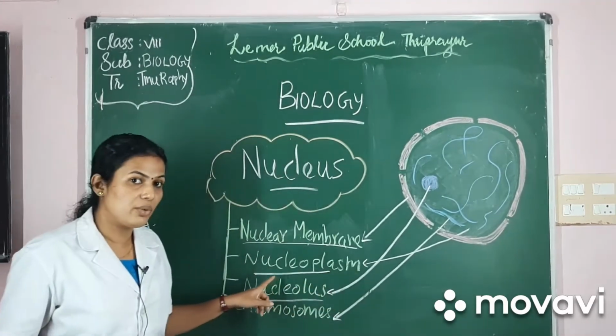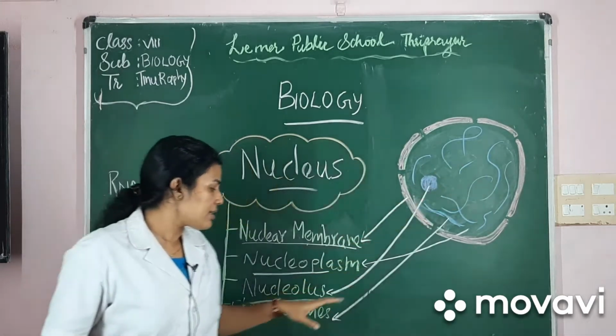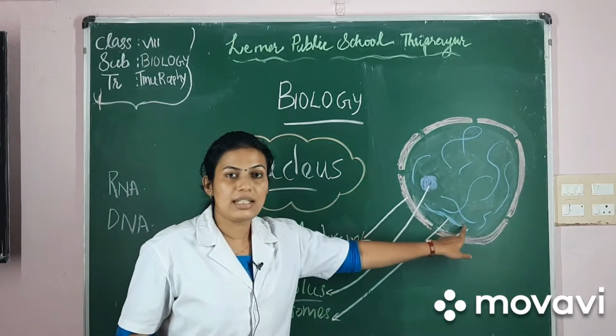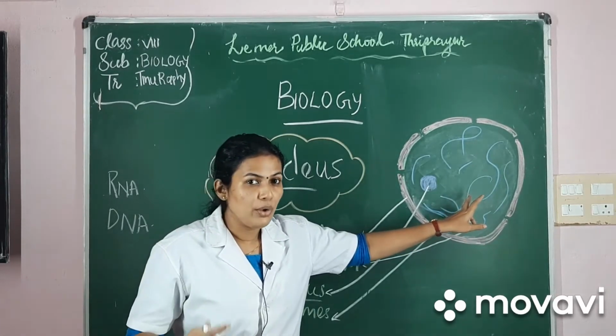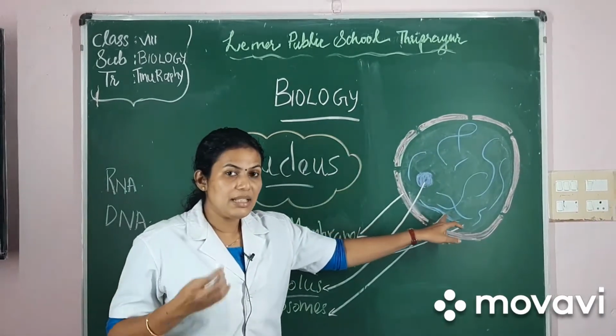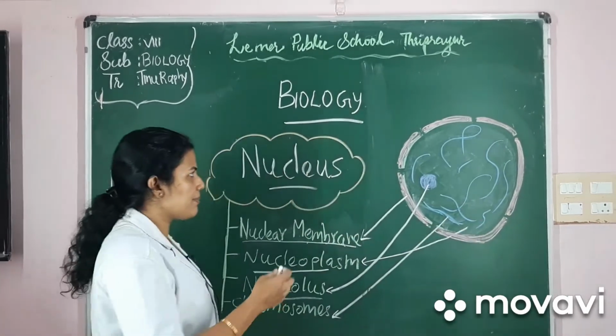We learned that nucleoplasm is the fluid material inside the nucleus, and these thread-like materials are suspended inside the nucleoplasm. These thread-like fibers are called chromatin fibers.